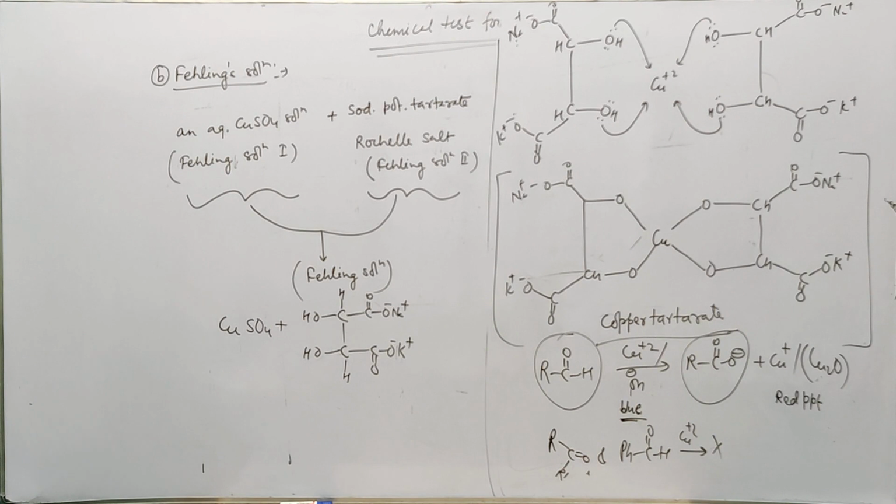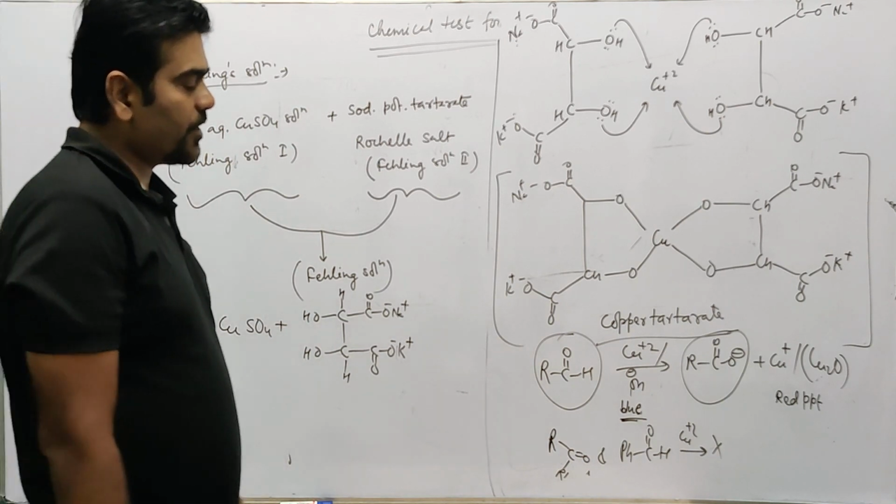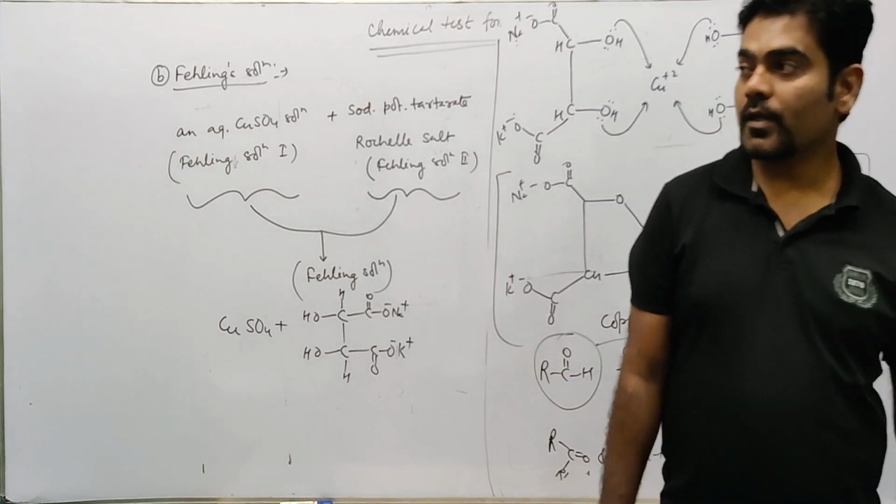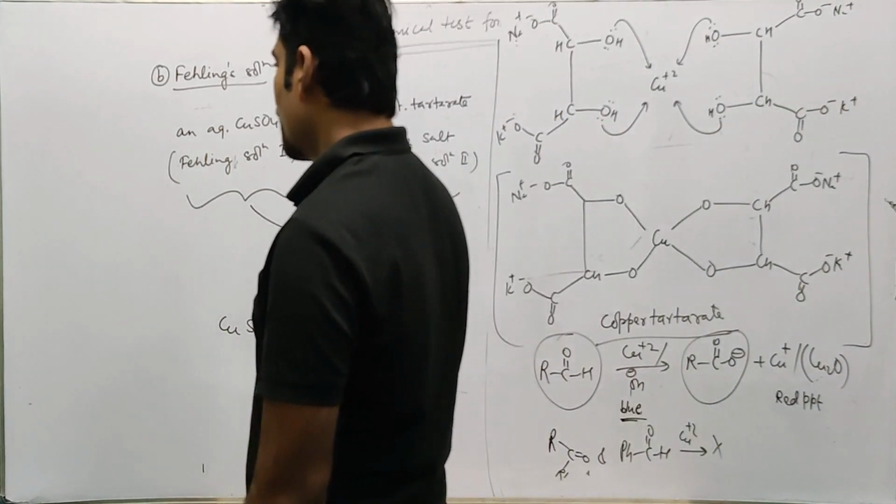Therefore, Fehling solution is exploited to distinguish aliphatic and aromatic aldehydes. Aliphatic aldehyde will respond to this test positively, while aromatic aldehyde will not. Even ketone will not respond. Okay. Next point.